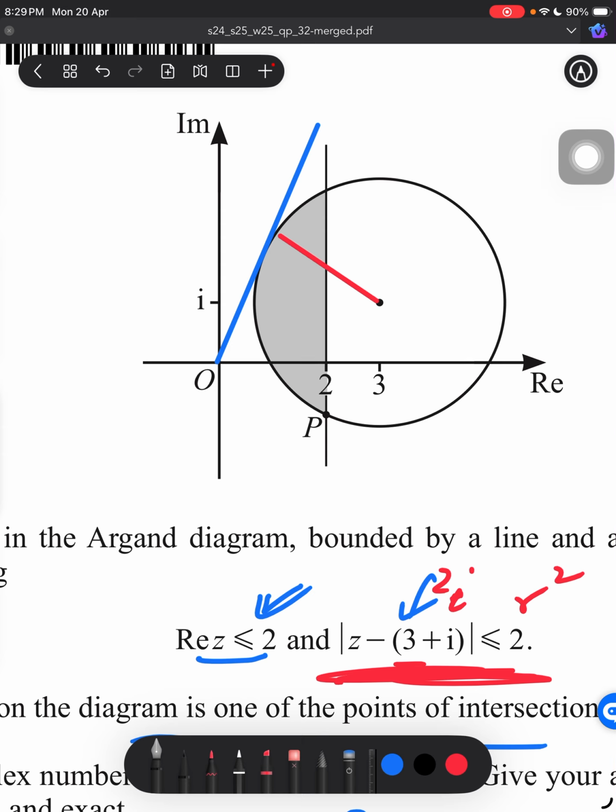Now we can observe that for the first value, this would become a right angle triangle, and the radius is obviously 2.